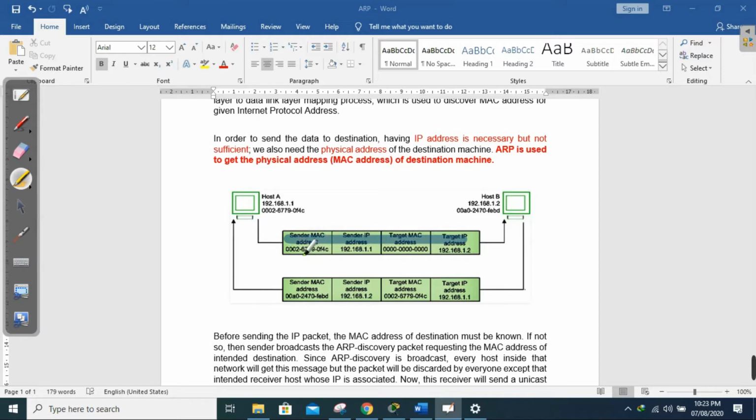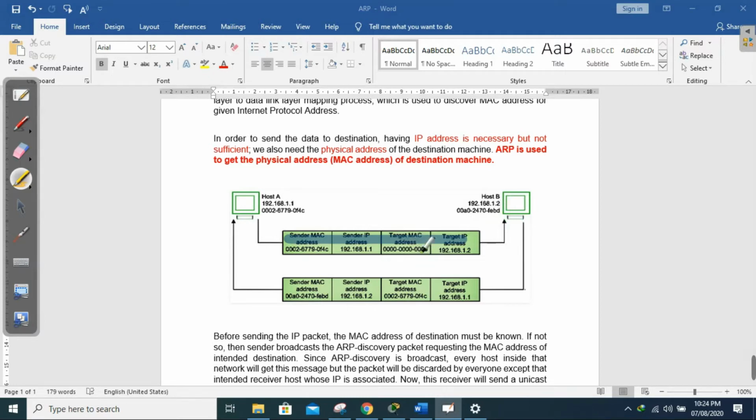The sender here is host A. So the sender MAC address means the MAC address of host A, and the sender IP address indicates the IP address of host A. Here the target is host B, my intended destination.